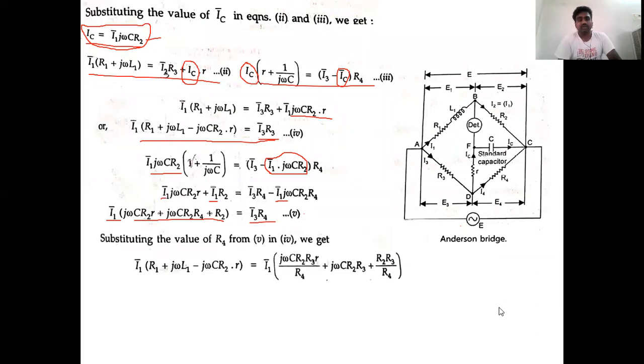So if we substitute the value of R4 here in the equations we got in equation 4 and equation 5, that means if we equalize both of them, equation 4 is in the terms of I3 into R3, equation 5 in the terms of I3 into R4.